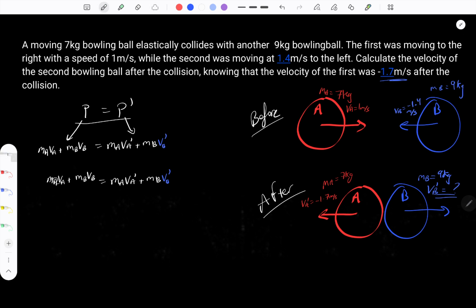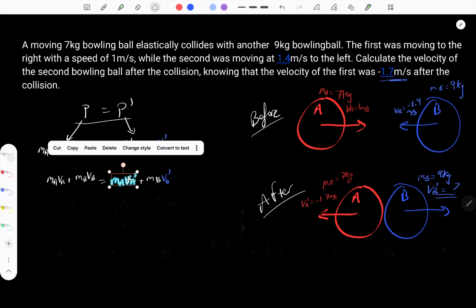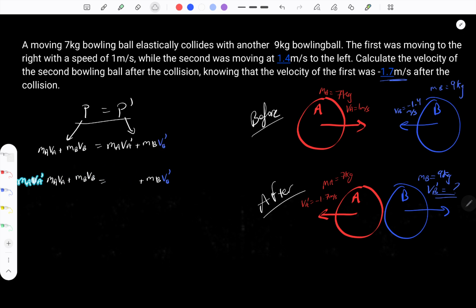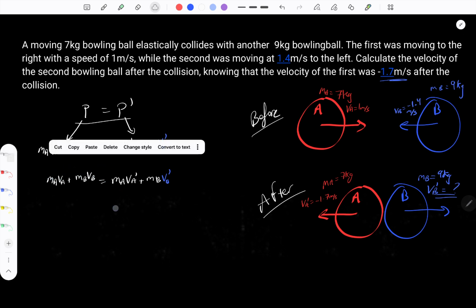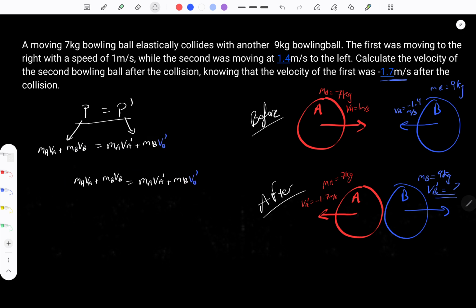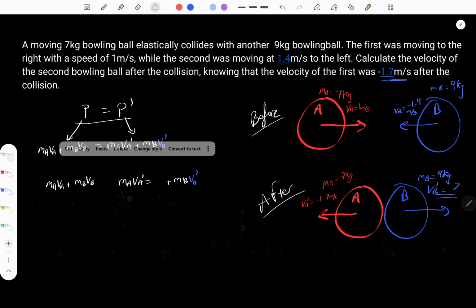And to do so, I'm just going to add this little fraction line here because we're going to need it. And we're going to start moving everything to one side. So in fact, before I do so, let's move this entire thing, MA VA prime. We're going to pick this thing up, move it to the other side, and now it's going to become negative. So MA VA prime goes to the other side, and it becomes a negative.